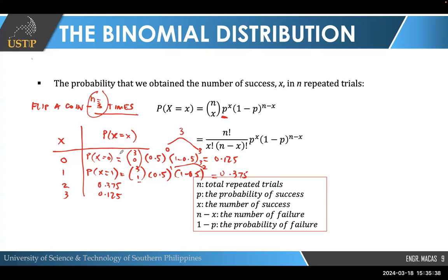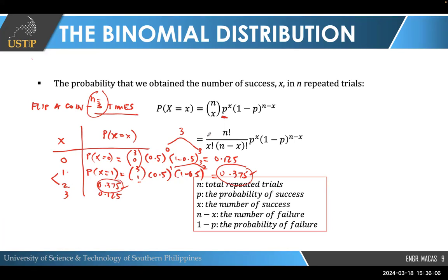Ang pasabot ani, when you flip your coin 3 times, there's a higher chance, because of the value 0.375, that you will get 1 or 2 heads. Mao na siya kay 1 and 2, the number of successes, have the highest probability.